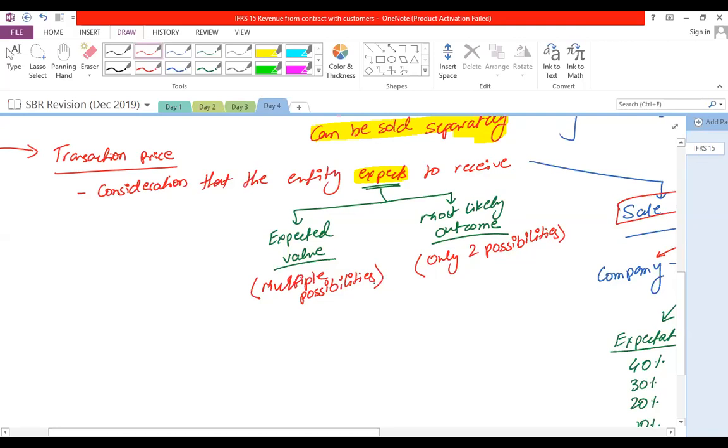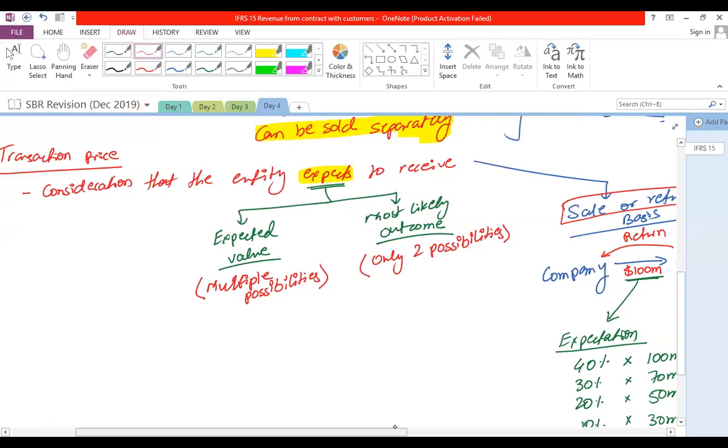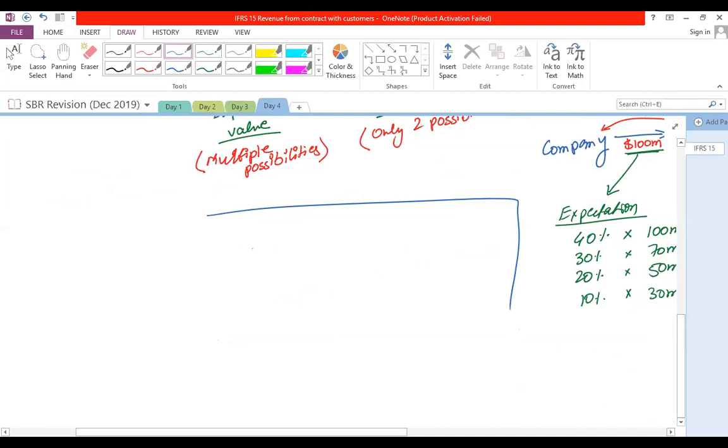Let me give you an example. Let's say we sign a contract with a customer that we are going to deliver some goods to the customer in 2 years' time. Let's suppose we are constructing a building for the customer in 2 years' time, and for that we are going to charge $100 million.